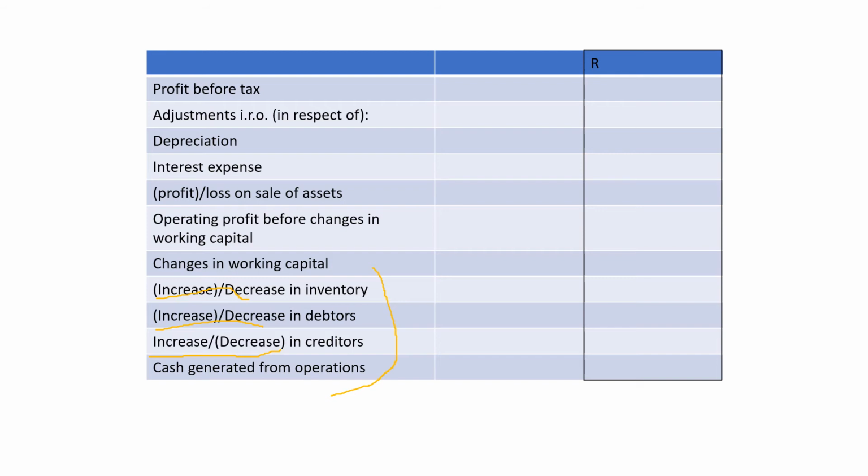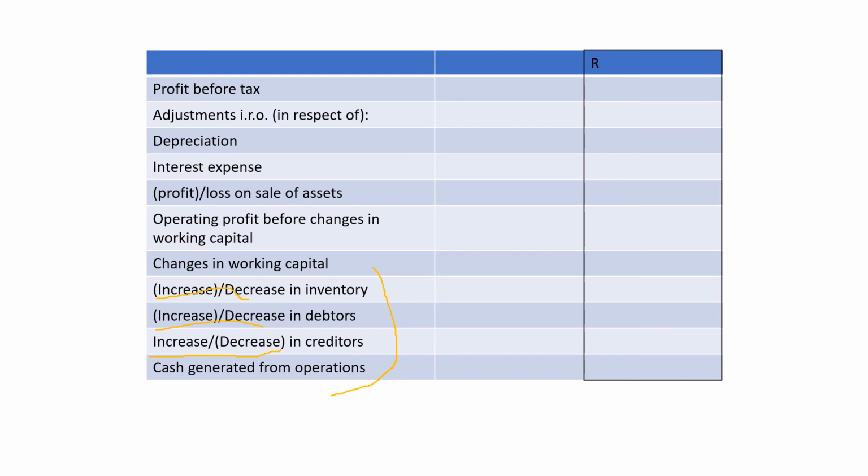So for inventory, if your inventory in the current year is more than the inventory balance in the previous year, what I mean is, if your inventory balance this year is 20,000 and last year it was 10,000, it means your inventory has increased. It means that no money is coming in your business.